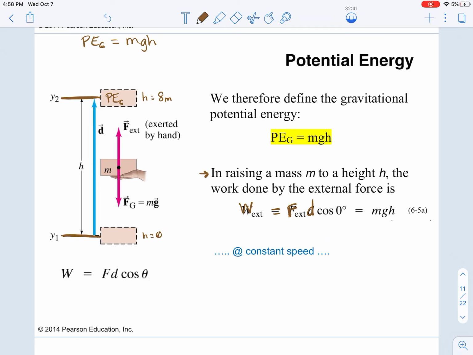Well, let's look at what we have acting on this object. My object is experiencing some sort of applied force here. They called it force exerted. I'm just going to call it an applied force. And so the applied force is in the upward direction, and you can see they've already provided us with a displacement vector here. So the displacement vector is in the upward direction.